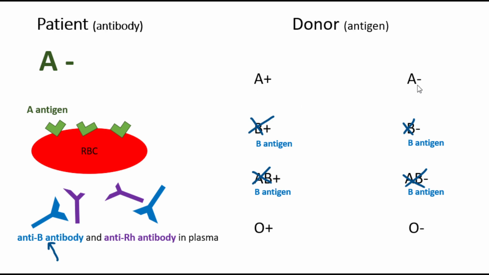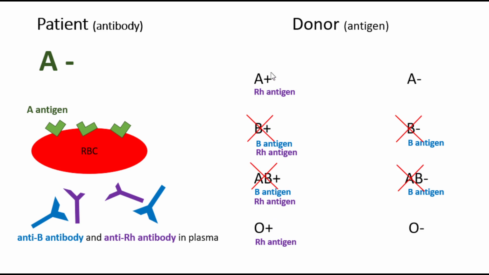Then of the remaining donors, I pay attention to which one of them has Rh factor, because my patient is against receiving Rh factor. And clearly we know that Rh factor is present in positive blood types.